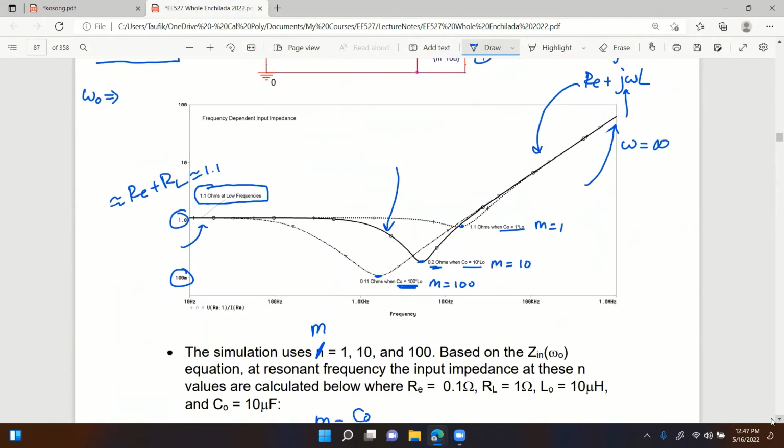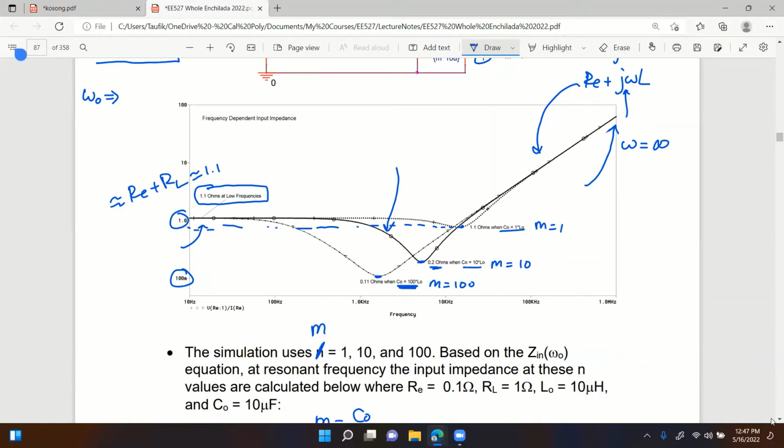So I'm not sure about M equals 1 here. Why is it the value does not correspond well? That looks like it's less than 1.